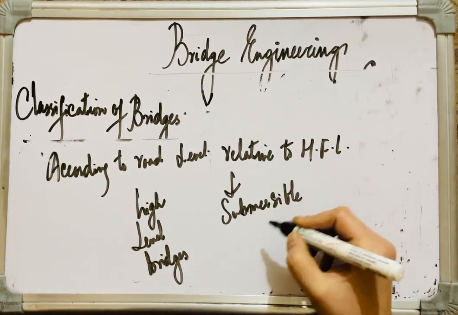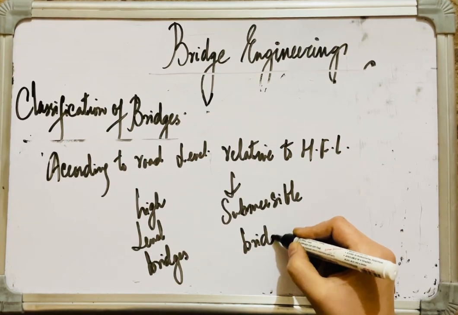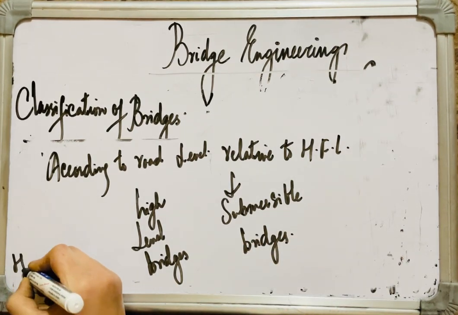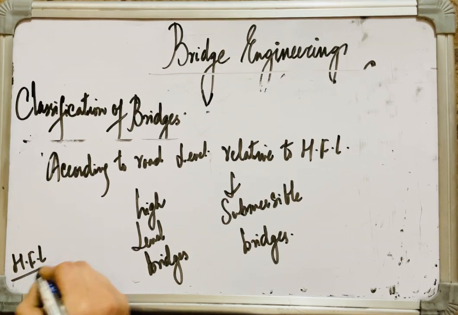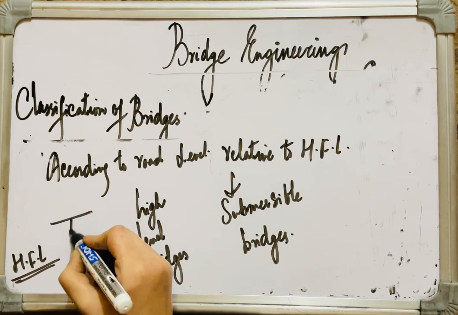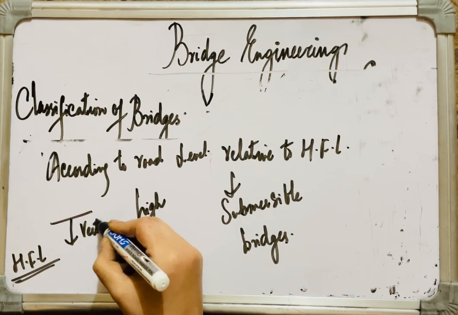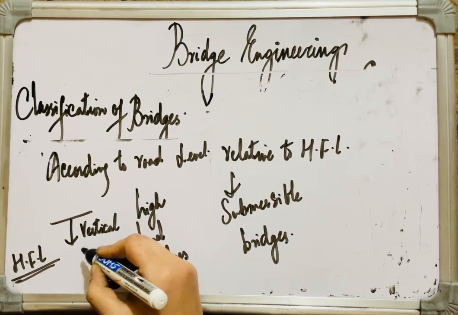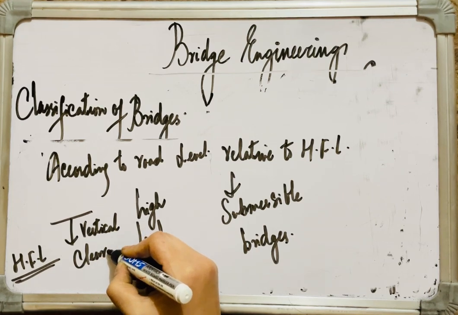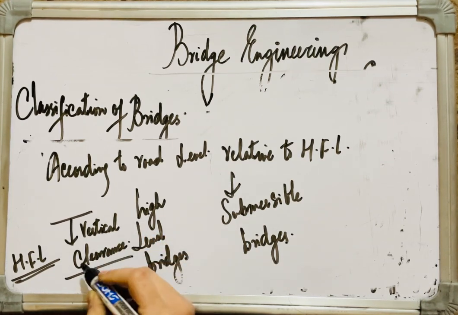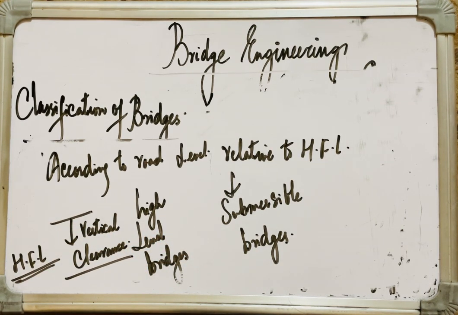High level bridges are those bridges which are designed by taking HFL of that particular area into consideration, and the bridge deck or the vertical clearance essentially remains good enough so that the flood waters will not pass over the bridge.